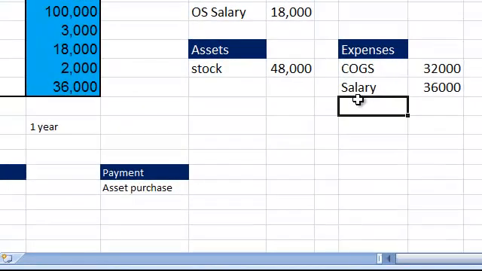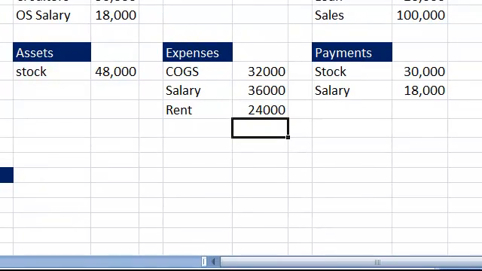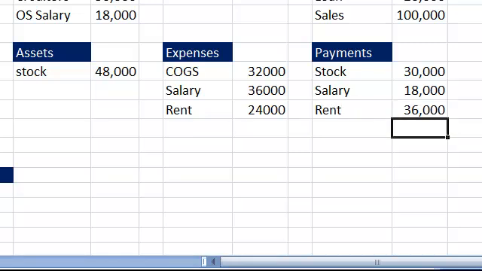Whereas you see here, in case of rent, once again, I have to show the rent as an expense using the accrual and matching principle. It will be for the period, 24,000. But how much you paid for the rent? The rent paid is 36,000.